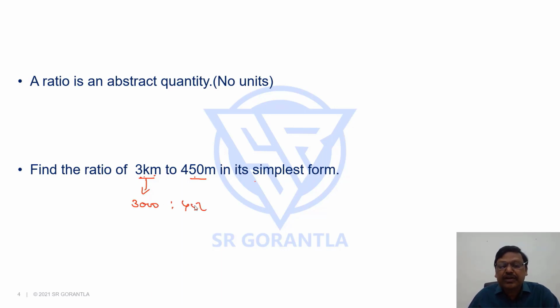This is 450 meters. When you simplify, we can say 15 3s, 15 20s. We can say 20 is to 3. That's it. It will not be 20 is to 3 meters or anything. Ratio will not carry any units. So that is important.